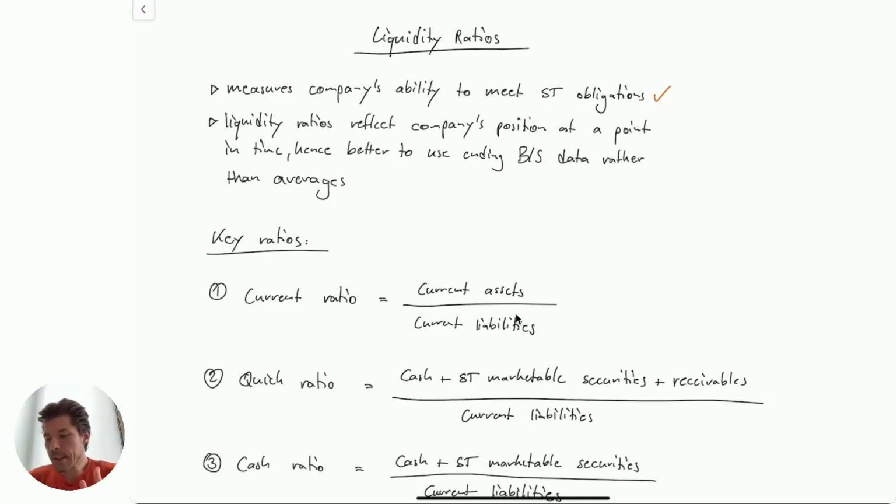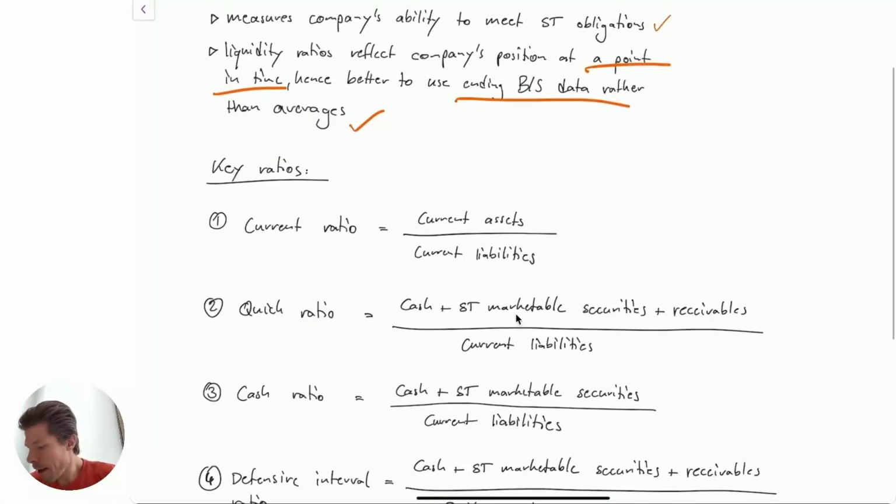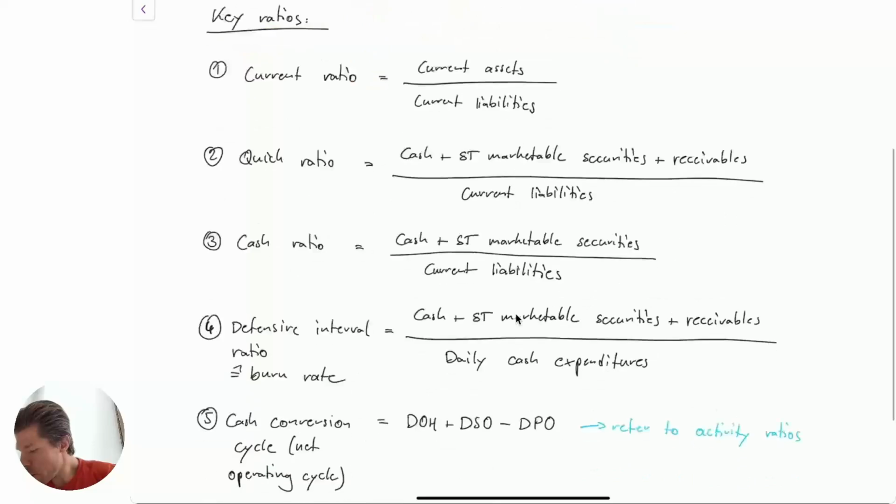Liquidity ratios usually reflect the company's position at a point in time. That's why here, although we are using balance sheet items, we are not using any averages. We just use ending balance sheet items rather than averages.